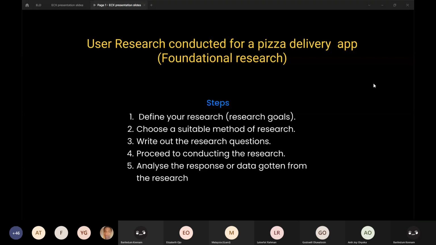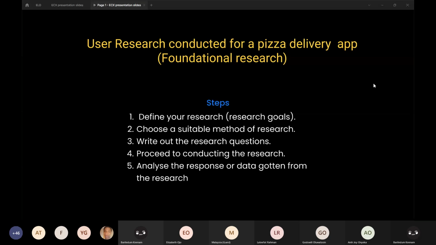Number two, you choose a suitable method of research. Amongst all the research methods that we've gone through, you choose the one that is going to work for you. It could be interviews, surveys or usability studies.